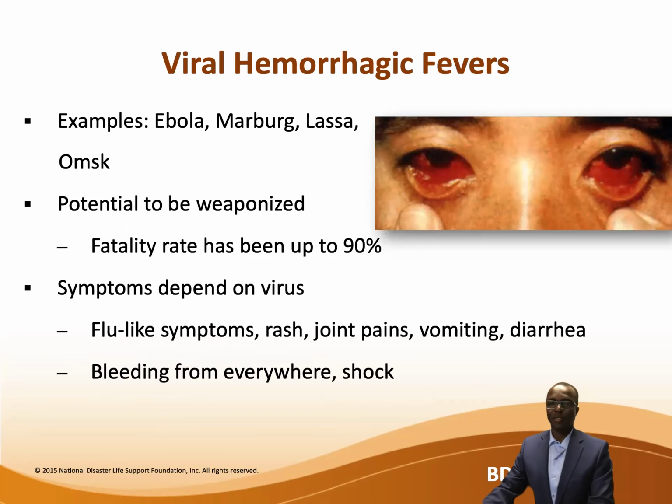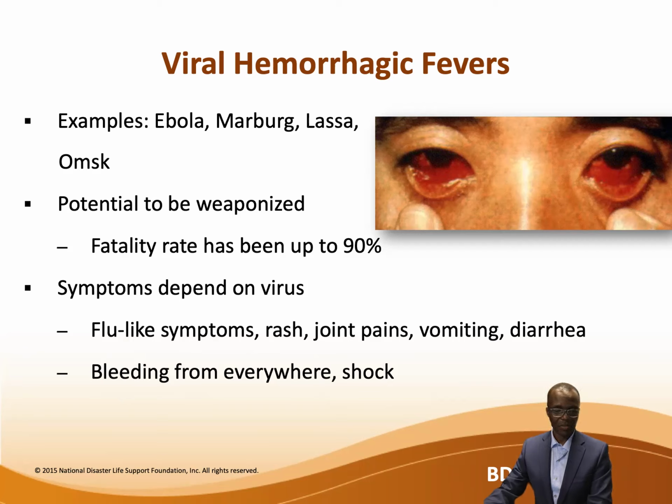Viral hemorrhagic fevers. Viral hemorrhagic fevers are the diseases in bioterrorism that strike fear in the hearts of everyone. This is largely caused by urban legend and popular books and movies.